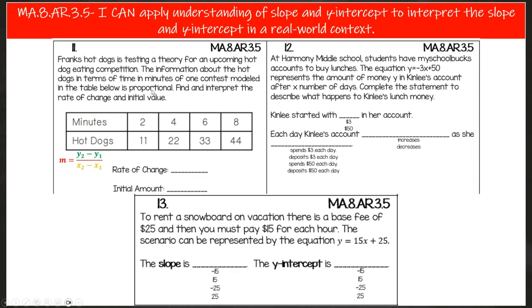Well, they kind of gave you a clue that the initial amount would be 0 because they're saying it's proportional. But we're going to find our slope, x1 and y1, x2 and y2. We do 22 minus 11 over 4 minus 2, and we have our slope of 5.5.